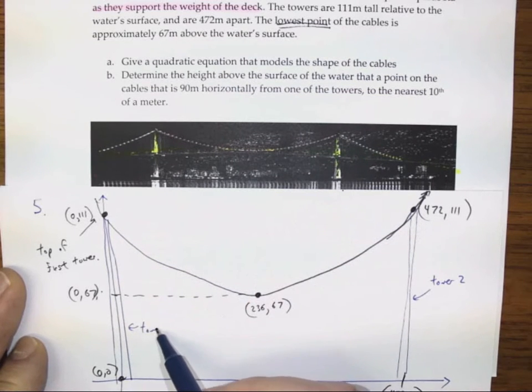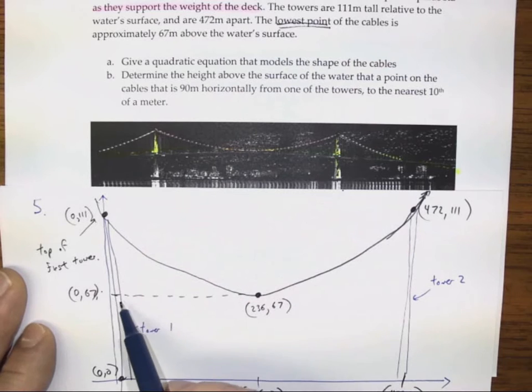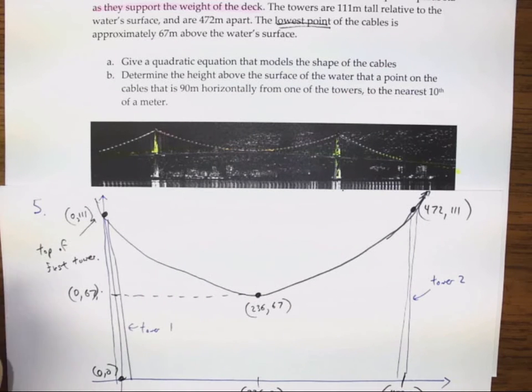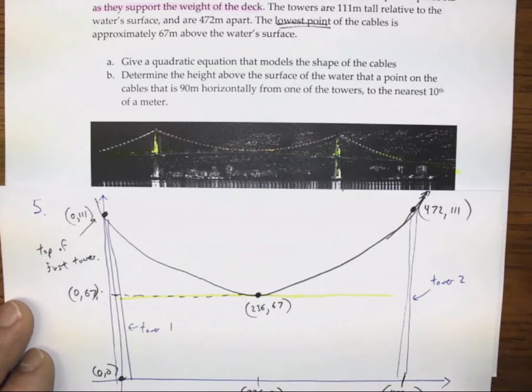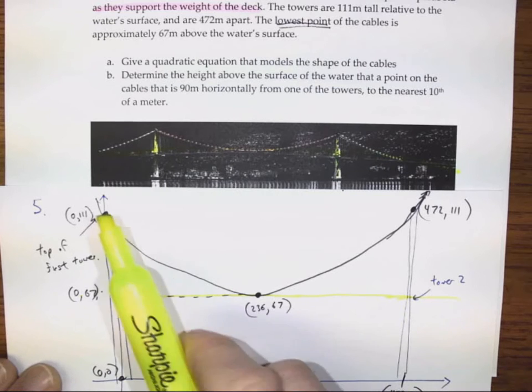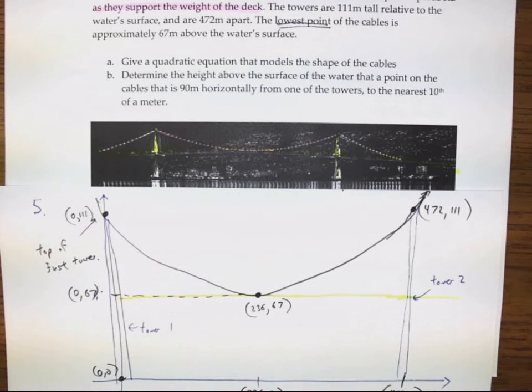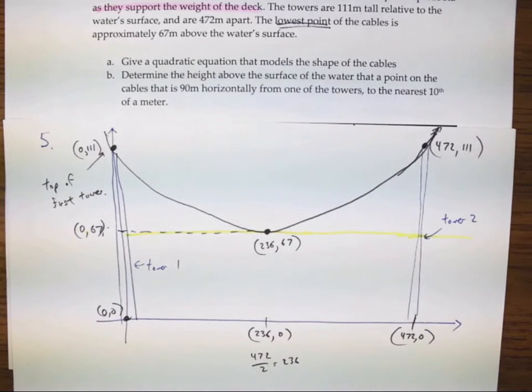That's tower 1. And you could almost imagine that we had a sort of deck here as well. That's kind of the deck. And there's our graph. But we've superimposed onto that some information about x's and y's.